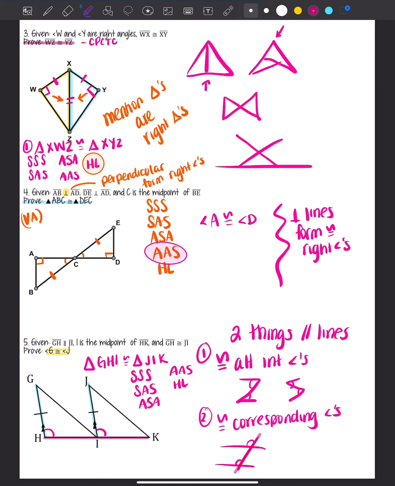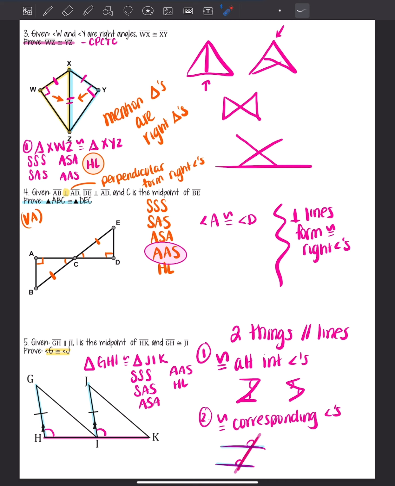Just as if we had a diagram that looked like this over here. This is my transversal. These are my two parallel lines. It's on the same side of my parallel line. So we see that they're both on the left side of my transversal line, and they're both on the top of my parallel line.